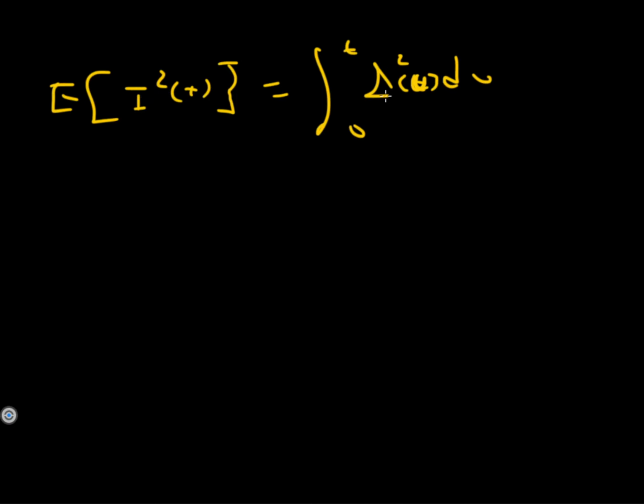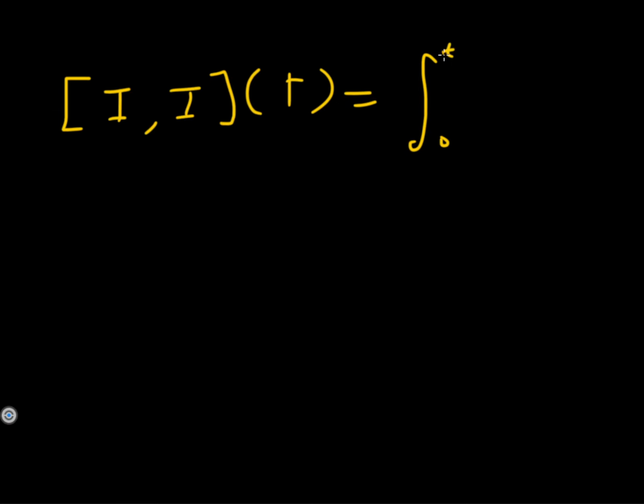Alright, so let's move on to the quadratic variation of the Ito integral. Now the quadratic variation itself is going to be a stochastic process. And it's in fact going to be equal to this. But I want to note that yes, the quadratic variation is a stochastic process.